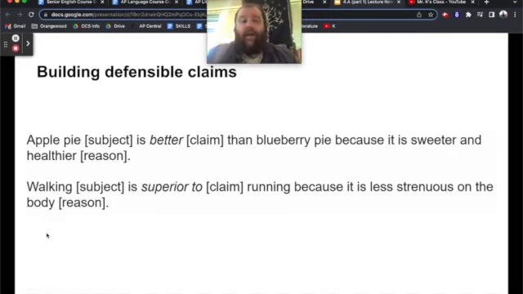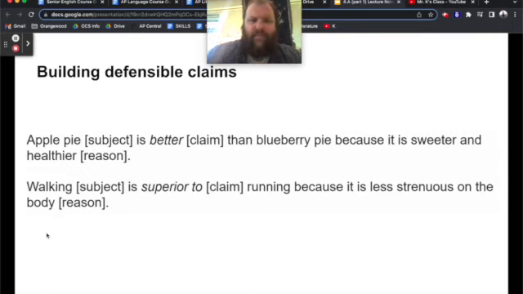Another example: walking is superior to running because it's less strenuous on the body. Okay, you could say walking sucks. Okay, that's an opinion. Walking is awesome. Opinion. Walking is superior to running. Opinion, right? Walking is superior to running because it's less strenuous on the body. Okay, now we have a defensible claim. What do you mean strenuous?